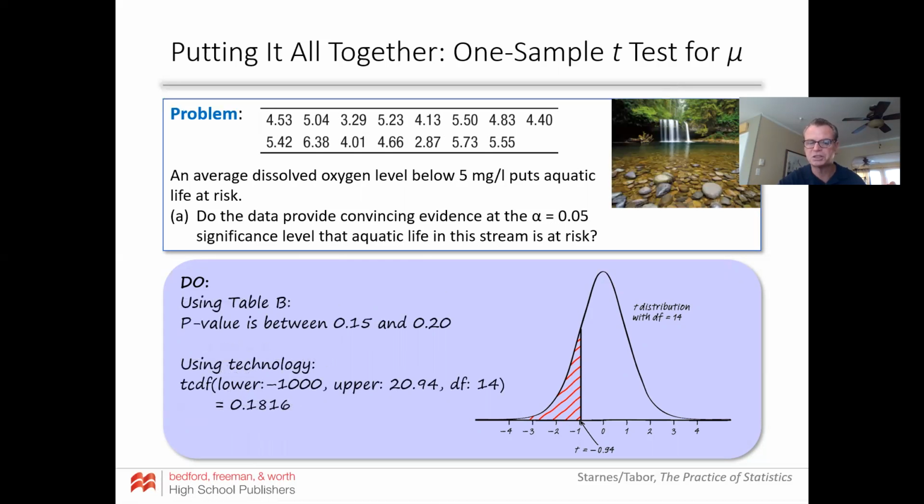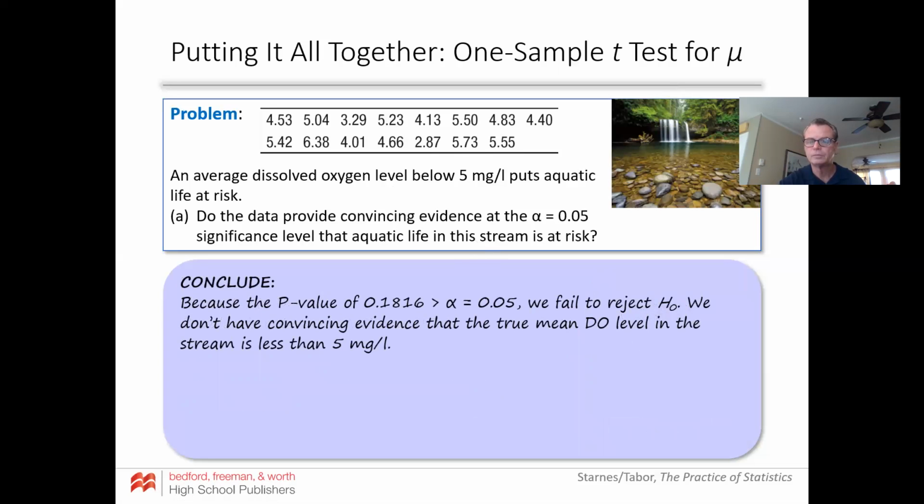There's an 18% chance that the true mean of the oxygen level is 5 or higher, and 18% is not a great enough probability to reject the null. We do not have convincing evidence that the true oxygen level is less than 5.